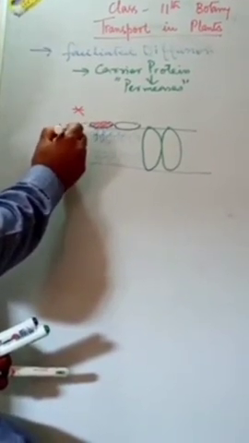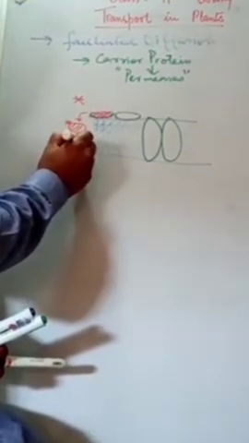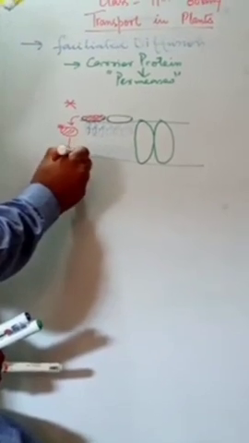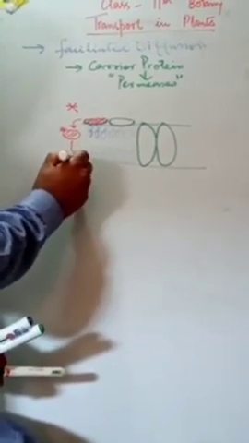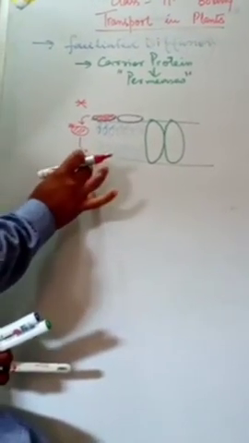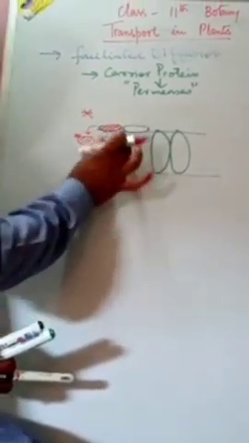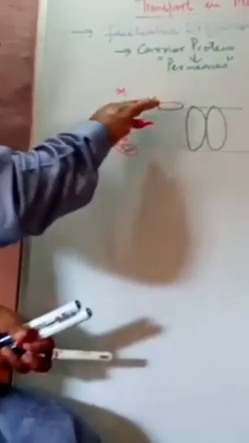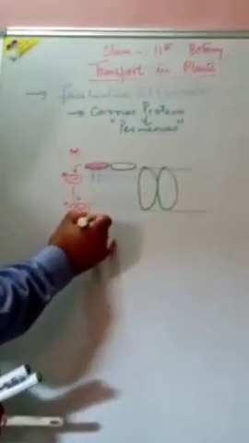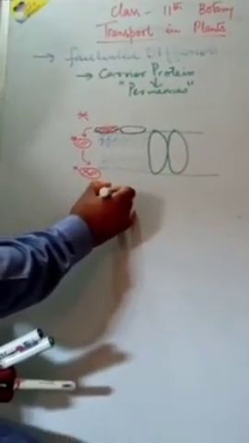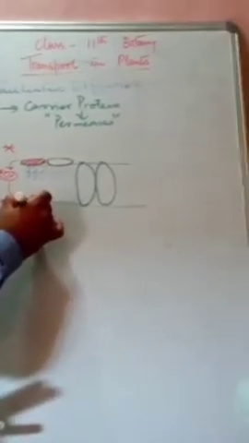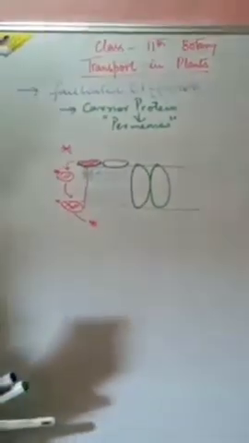This protein gets attached with the molecule, and then it moves to that place. After this, when it reaches the inner side, when the molecule goes inside the permeable membrane, it is released there, and then this protein moves back to its original position.